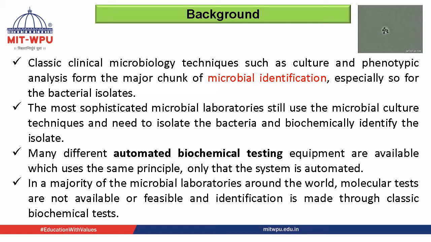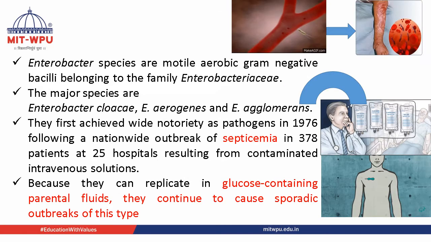Then biochemically we can identify the isolates. Many different automated biochemical testing equipments are available which use the same principle, only the system is automated. In the majority of microbial laboratories around the world, molecular tests are not available or feasible, and identification is made through classic biochemical tests. Still, many pathologists use biochemical tests to identify certain microorganisms in blood samples, mostly Enterobacter species.